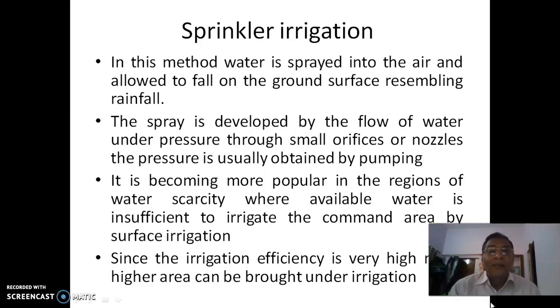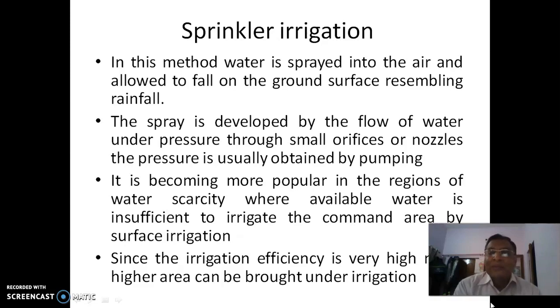In this method, what we are now talking about is sprinkler irrigation. Water is sprayed into the air and allowed to fall on the ground surface, resembling rainfall. We are creating a water spray, the controlled spraying of water.